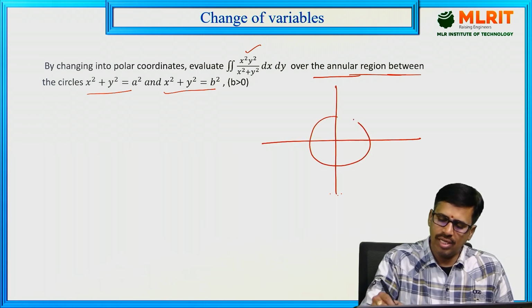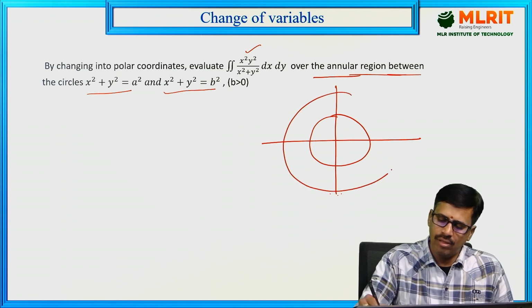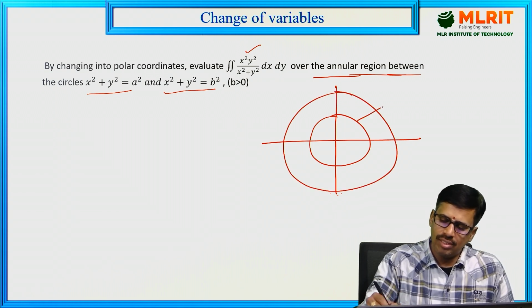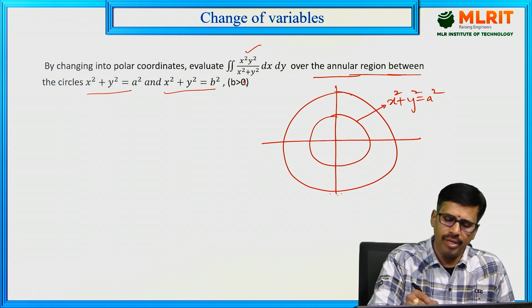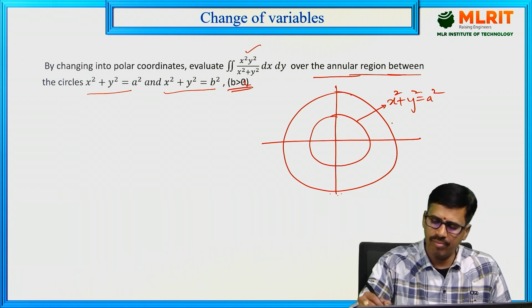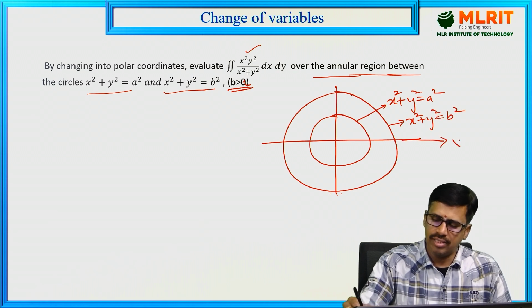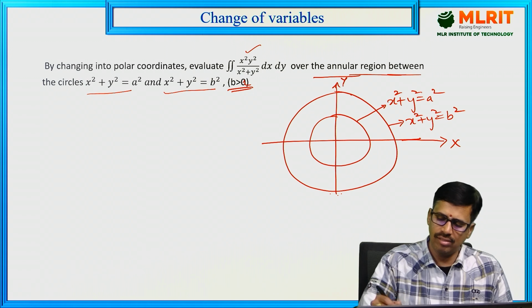So a small circle. So this inner circle is x square plus y square equal to a square, because b is greater than a, that is given. The outer circle is x square plus y square equal to b square. This is x axis, this is y axis, right?